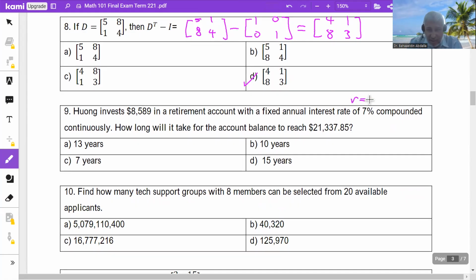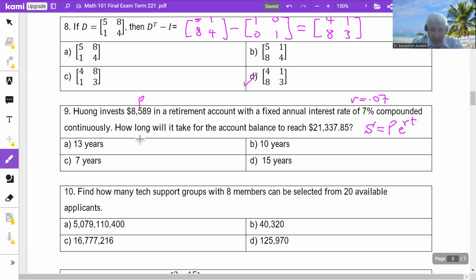Hong invests this amount in a retirement account with a fixed annual interest rate of 7%. So that's R. We write it as a decimal. And this is the principal. Compounded continuously. So you know that the formula would be S, the future value, equals P times e to the power RT.